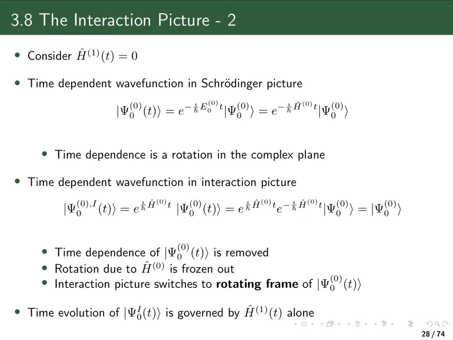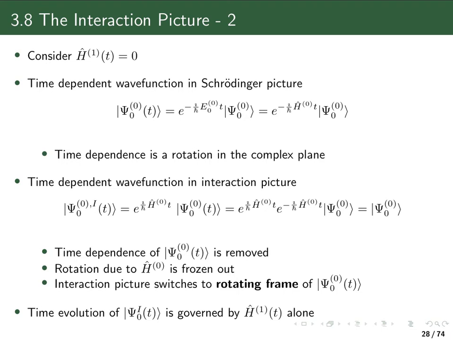One can also say it in a different way: in the interaction picture, we switch to the rotating frame of the time-dependent phase factor from the Schrödinger picture. A very nice analogy describing this situation is a merry-go-round. In the Schrödinger picture, let's exemplify the wave function by one of the horses of the merry-go-round, and we are the observer standing outside of the merry-go-round.